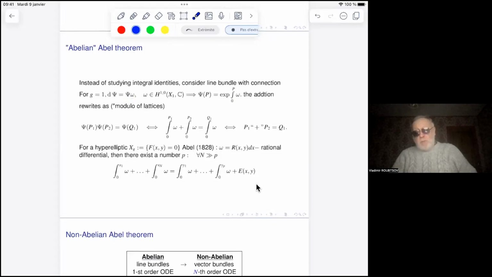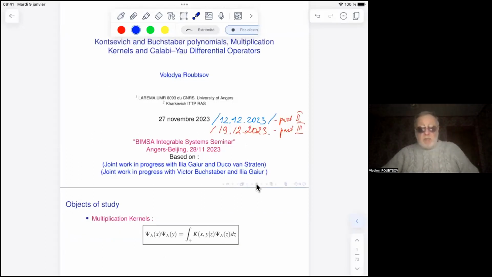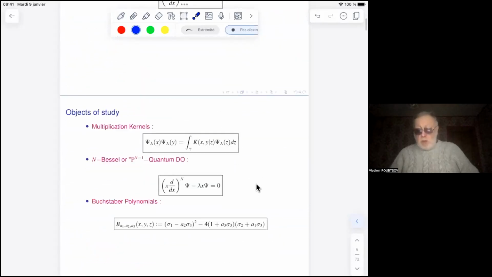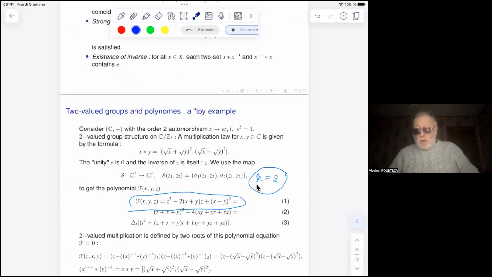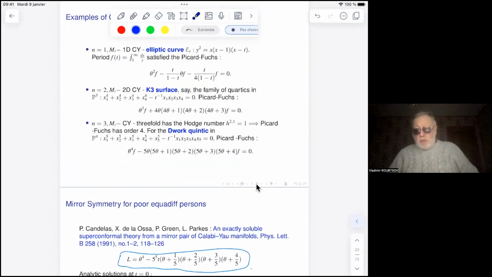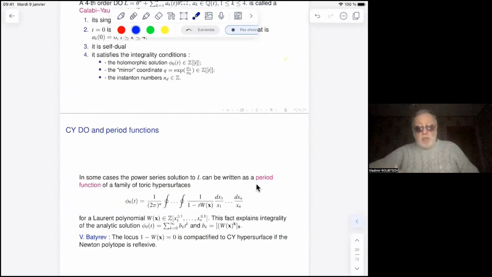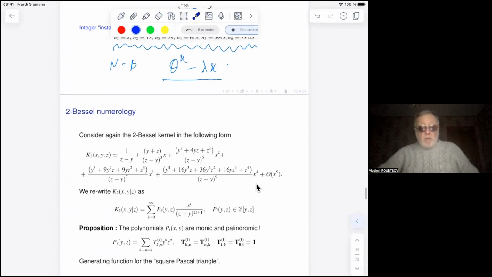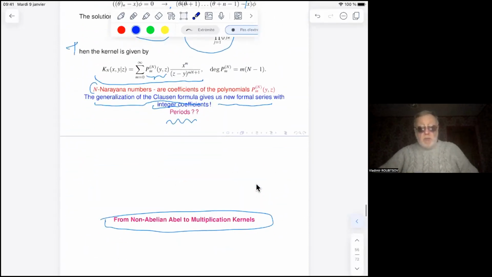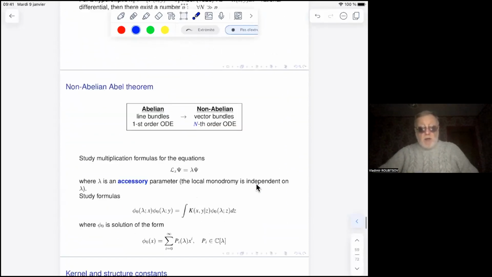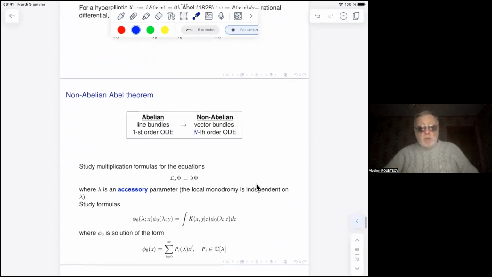So y1, ..., yp. Of course, it is a modular sum with a corrected term, which is a holomorphic or rational function. And in this form, this theorem admits an immediate generalization, which we call the non-abelian generalization of Abel's theorem. What is a non-abelian generalization?